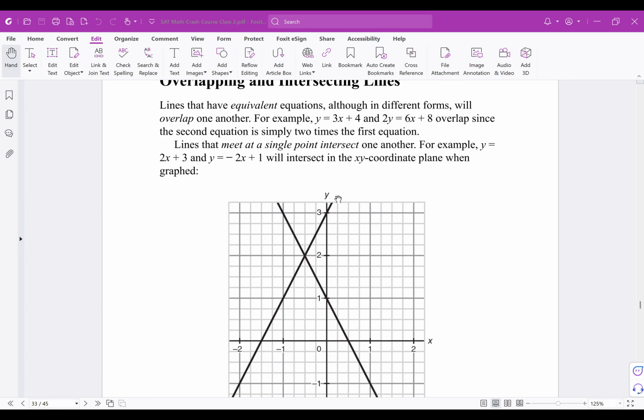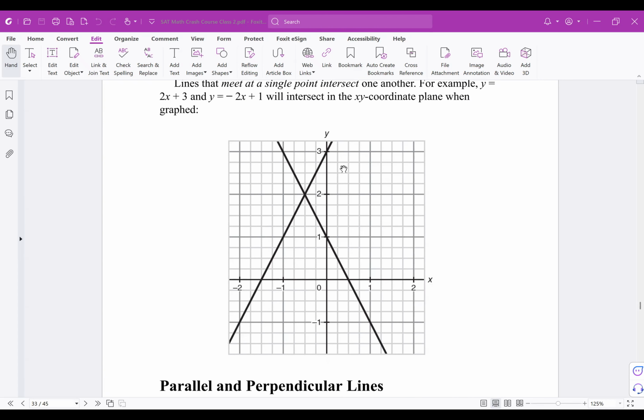This is the case of having one particular solution, because they're intersecting each other at a particular point, and the coordinate of the point of intersection is the solution of these two lines.